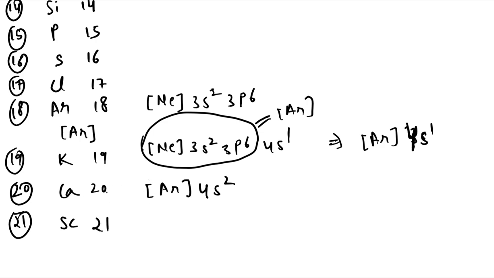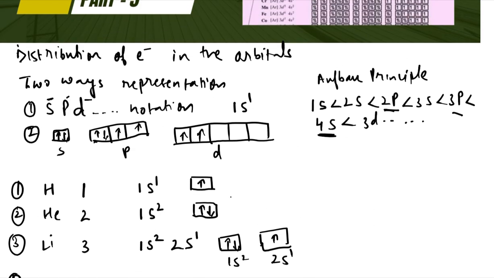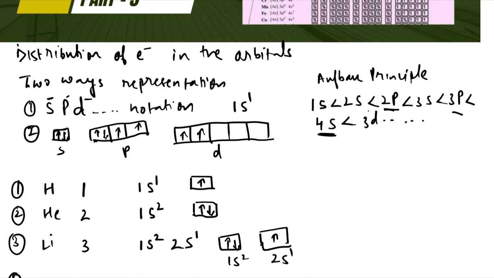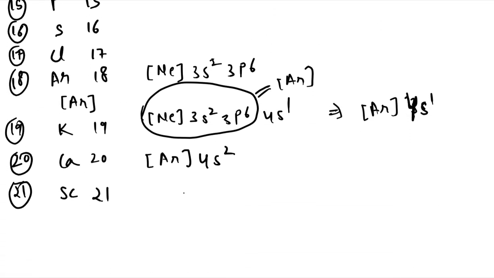Till calcium we have 20 electrons, so we represent it with argon and 4s2. What about the next electron? For that we have to check the list. After 4s the next available orbital is 3d. So the next electron is going to go into the 3d orbital. So its representation would be argon 3d1 4s2. Although we are filling 4s first, normally we write 3d first and then 4s2.